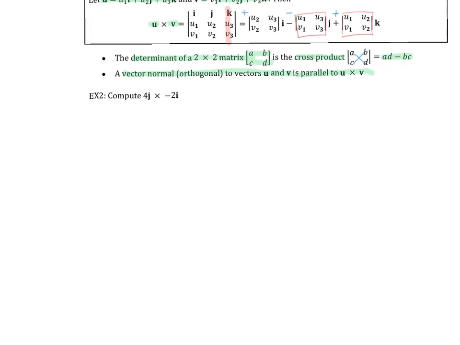Let's compute 4 times j cross negative 2 times i. And I'm not going to use that big formula, and the reason why is because I can use those properties. I know that this is equal to, I can pull out the 4, I can pull out the negative 2, and then just take j cross i.